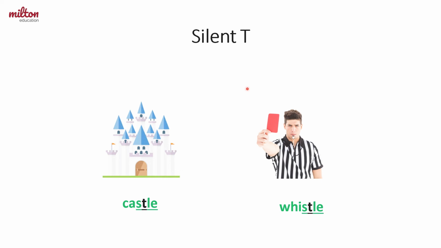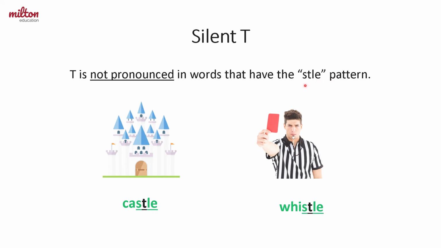Both of these words have a silent T, and as you can see, the silent T is in the middle of some underlined letters, S, T, L, E. That's because words that have the S, T, L, E pattern have a silent T. The T is never pronounced in this pattern. Now, this is an example to help you understand that whenever you see a new word that has the S-T-L-E pattern, you can automatically know that the T is silent.